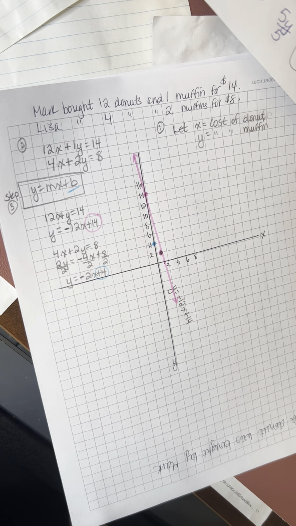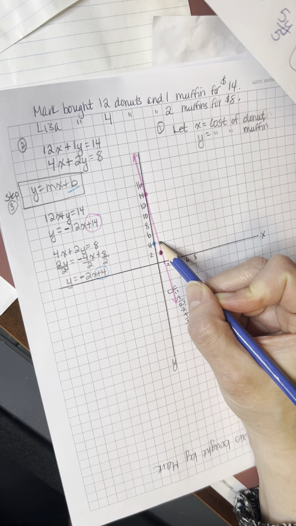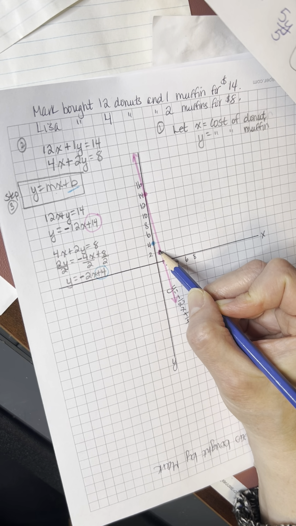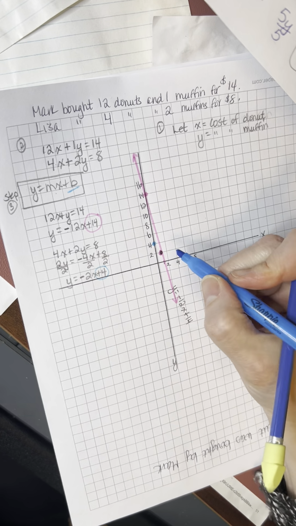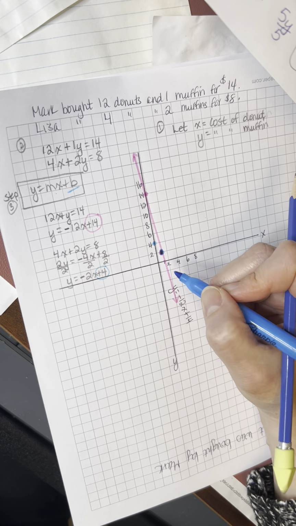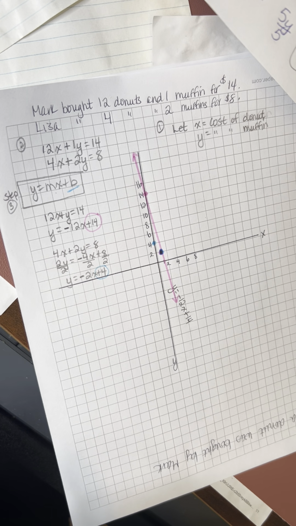I'm going to be going over 1, down 2. If I go over 1, I'm at 4, and I go down. Oh, it's right on top. Yeah, that's the point. At some point, they're going to be on top of each other, and it just happens that that's going to be our intersection point right there.